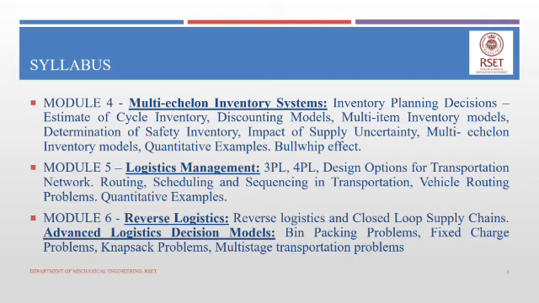In module 6, we would discuss certain advanced concepts in logistics management, specifically reverse logistics and closed loop supply chains, and advanced logistics decision models like bin packing problems, fixed charge problems, knapsack problems, and multi-stage transportation problems.